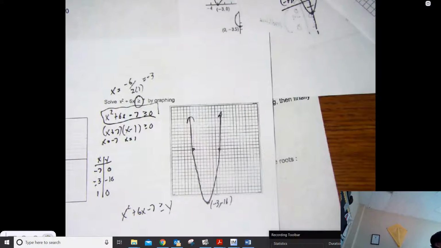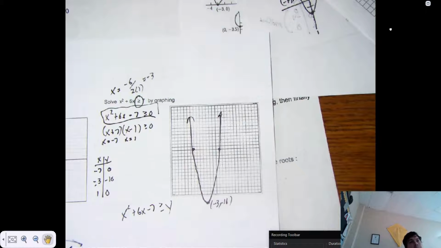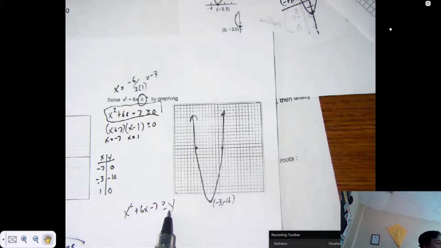Let's rewrite this. Put a y there where that 0 is. Might make it more obvious to you. We're going to shade above or below? Below, because it's saying y is less, right?